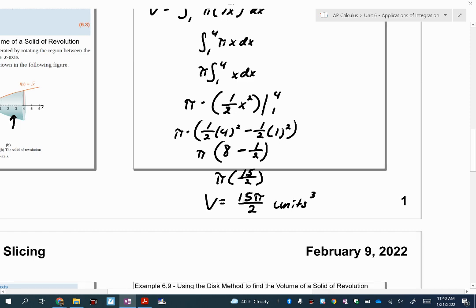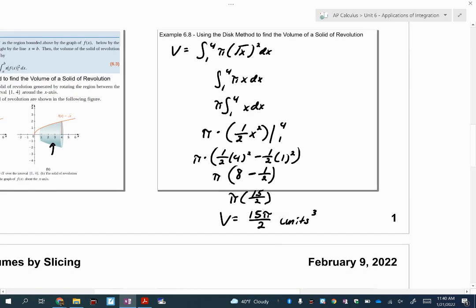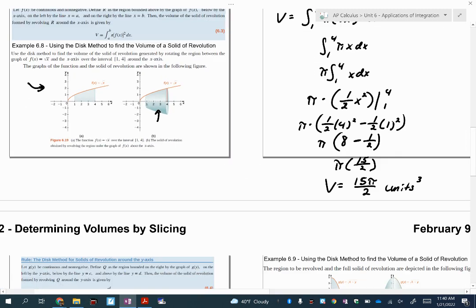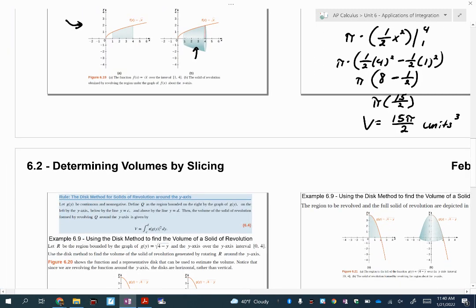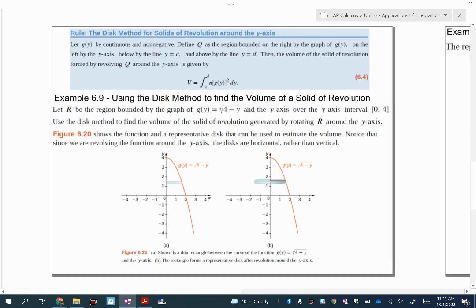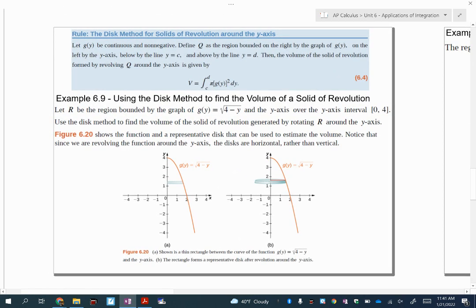All right, so that's it in terms of using the DISC method, where our region is bounded by x equals two numbers, and the curve and the x-axis. Now watch what happens when we do the same thing, but we're rotating or revolving around the y-axis. So this next one is saying, what if we were to revolve around the y-axis instead? You'll see the formula is very similar.